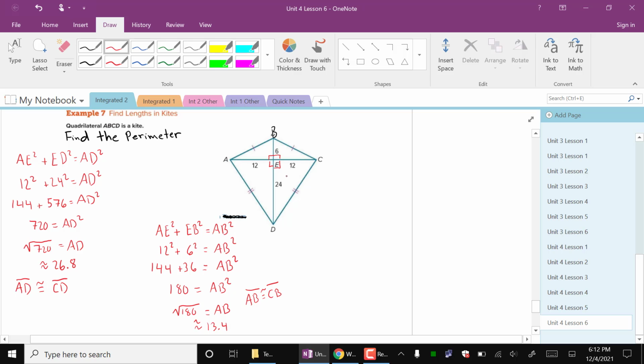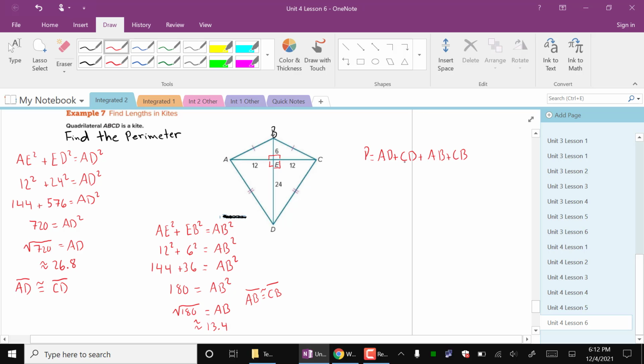This is also 13.4. So now I can find the perimeter of this figure. So perimeter equals AD plus CD plus AB plus CB.